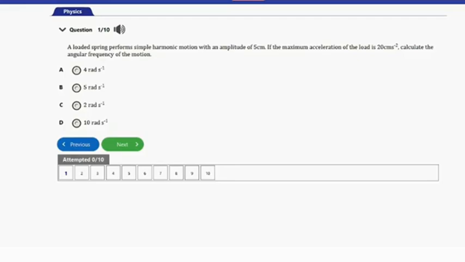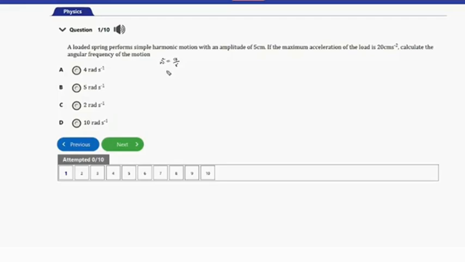Alright, so guys, in order for us to calculate the angular frequency of the motion here, we are going to have that as the acceleration here. But then we have to recall that the angular velocity, which is omega, will be the acceleration over the amplitude or radius of the path.